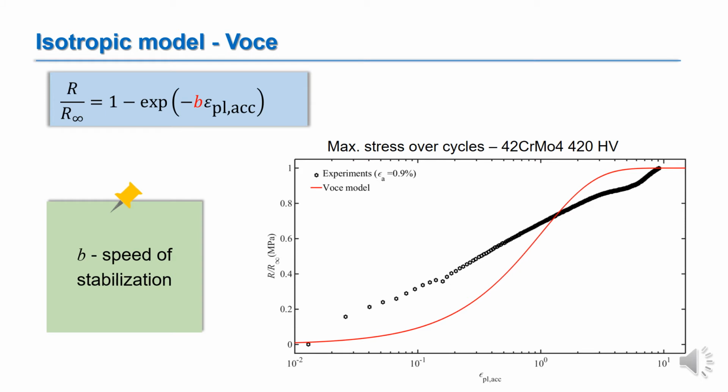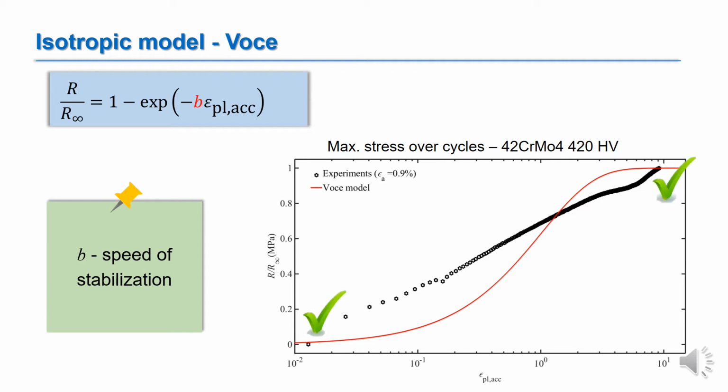The second parameter, the speed of stabilization B, can be calibrated with the presented equation. The figure presents on the vertical axis the evolution of R over the saturated stress, while the horizontal axis presents the accumulated plastic strain. Black symbols present experimental data for the chromium molybdenum steel with 420 HV and 0.9 strain amplitude, while the red line presents the curve fitted with the Voce model.